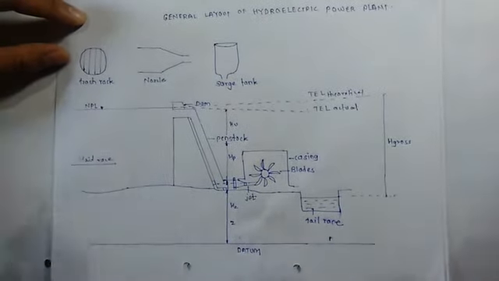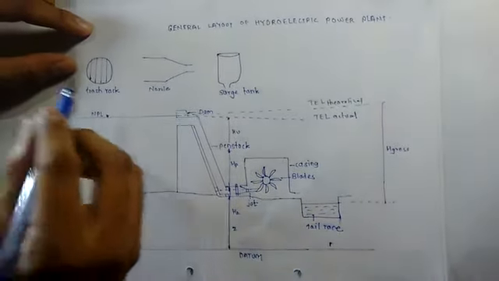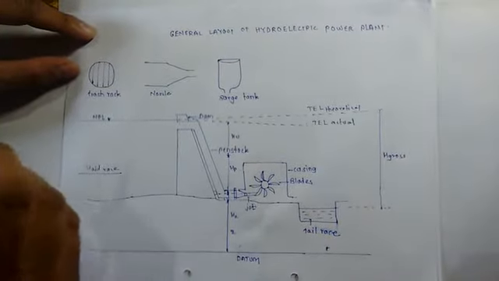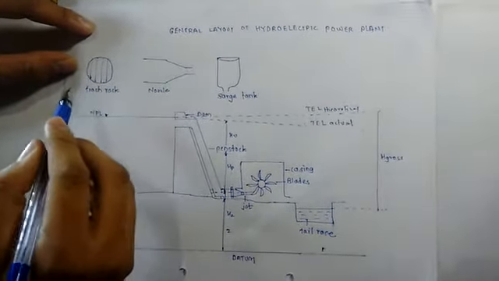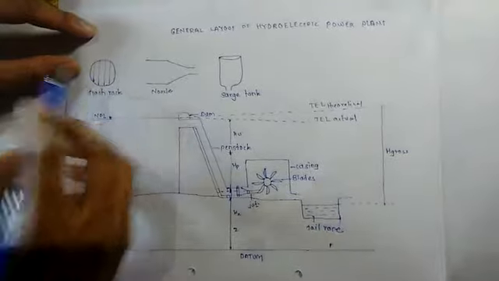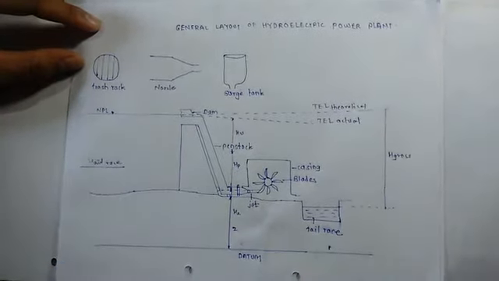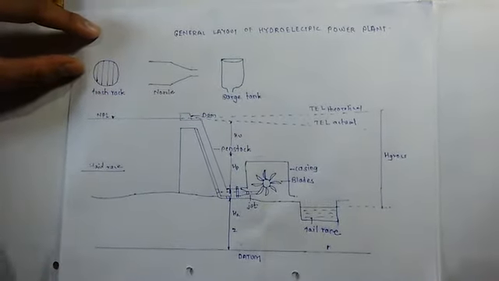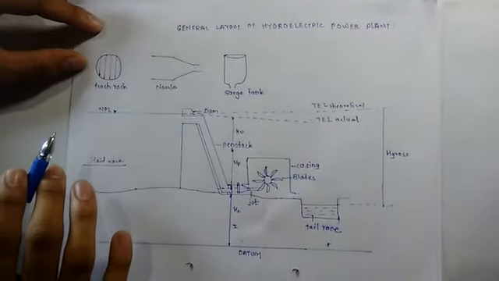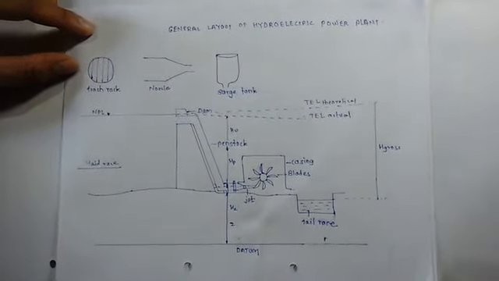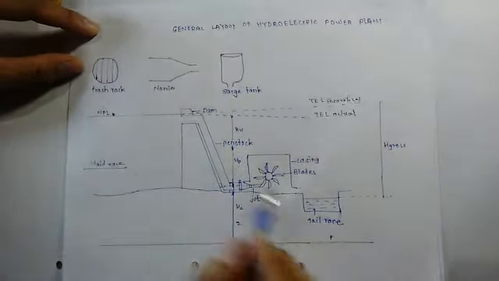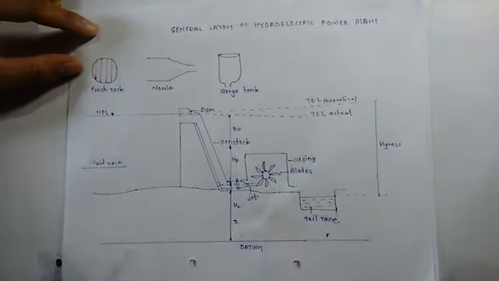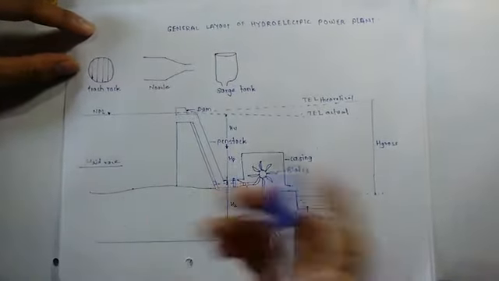A trash rack is an opening having rectangular bars or circular bars in a parallel manner, so that a high amount of impurities can be filtered at the entrance only. There is also one thing called the air inlet that I will explain you later.